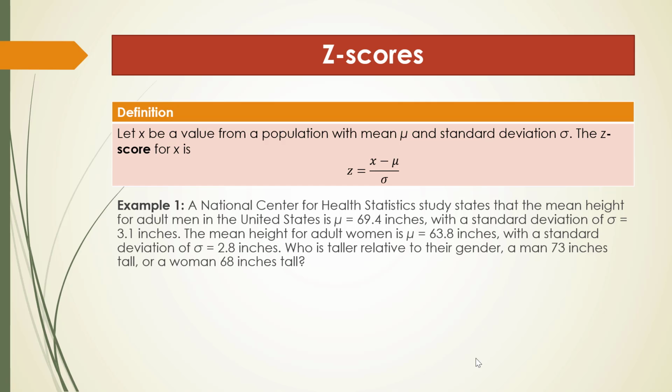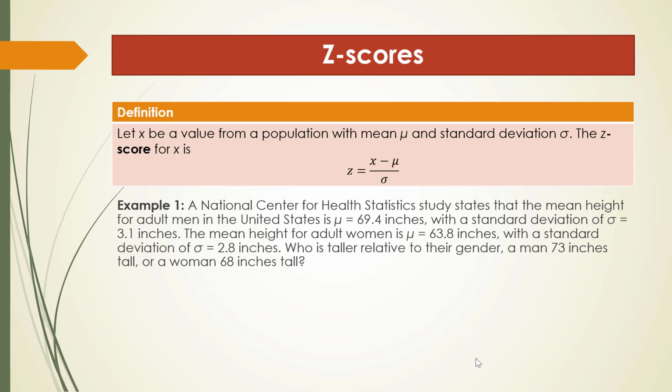For example, a National Center for Health Statistics study states that the mean height for adult men in the United States is mu is equal to 69.4 inches, with a standard deviation of sigma is 3.1 inches. The mean height for adult women is mu is equal to 63.8 inches, with a standard deviation of sigma is 2.8 inches.